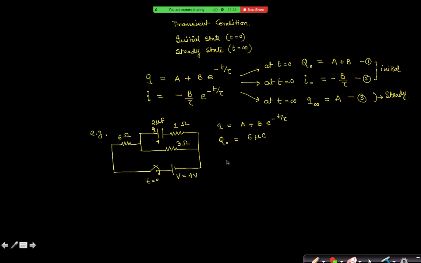Right? So what can I write from these expressions? Can you find these three unknowns from exactly what I have said? Can you try to calculate the value of these three unknowns?